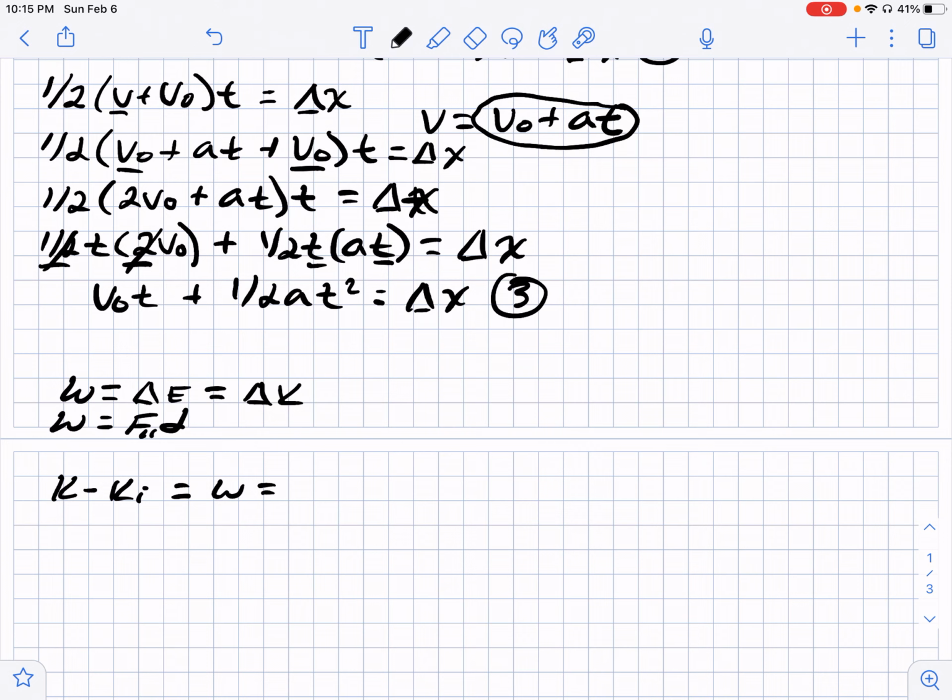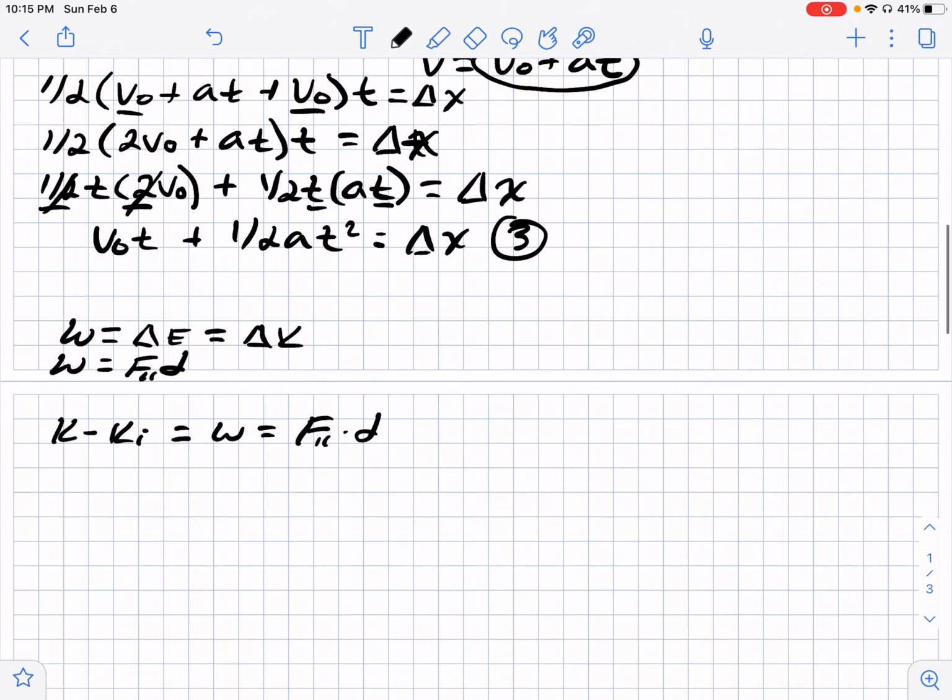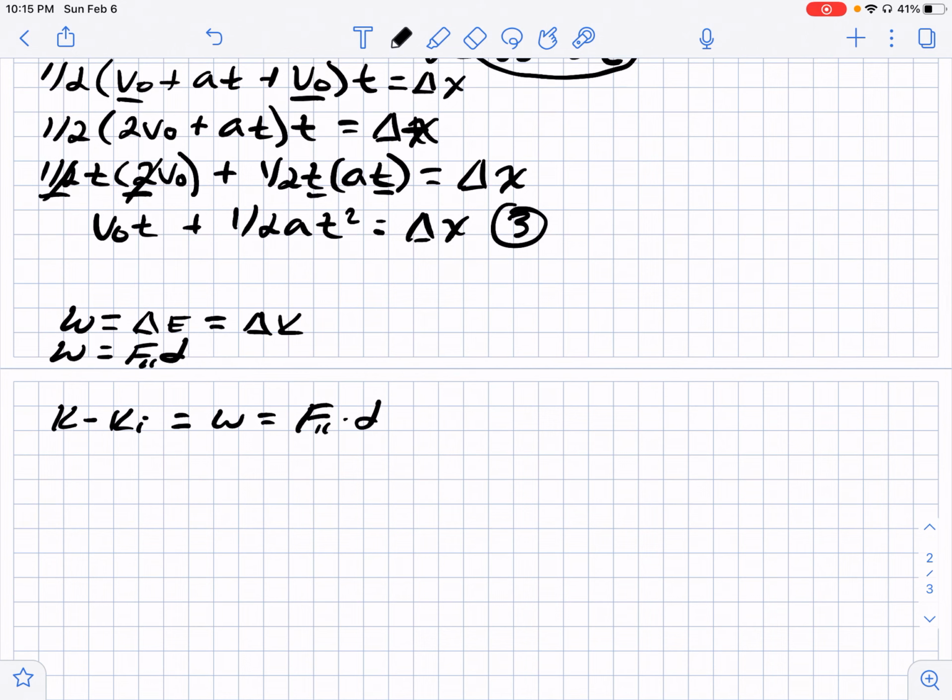We also know work is equal to that parallel force times distance. So for kinetic energy, it's 1/2 mv squared. Your initial would be 1/2 mv naught squared equal to force times distance. Now for your force here, remember back in Newton's second law, we said acceleration was equal to net force over mass.